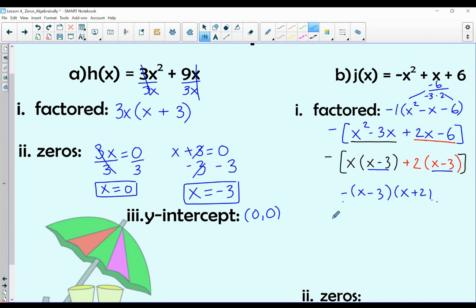And now I'm going to set them equal to 0. X plus 2 equals 0 and x minus 3 equals 0. I'm going to get x equals negative 2 and x equals positive 3.